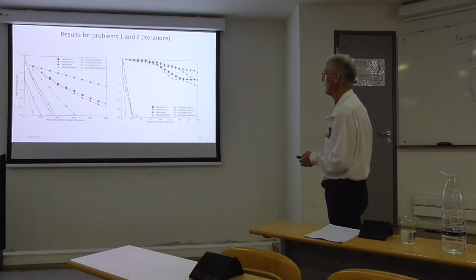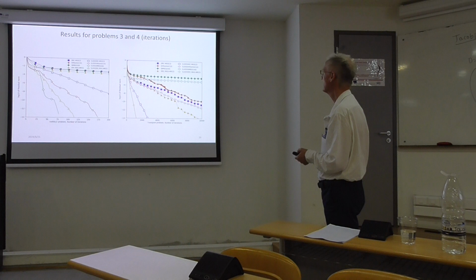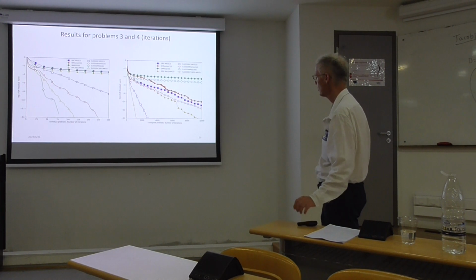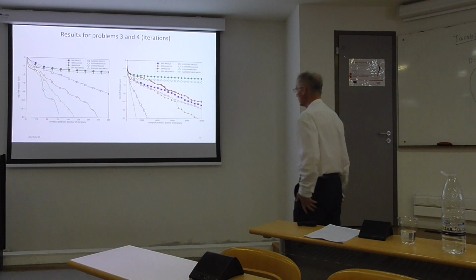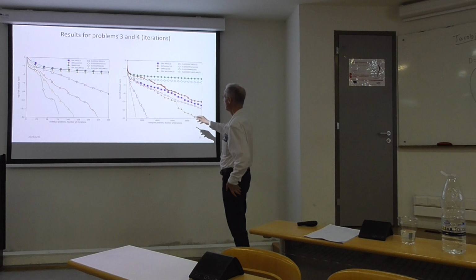Converge, that is. And here are the results in terms of graphs. So problem 4 again, we're focusing on problem 4, the transport problem, in terms of the number of iterations.